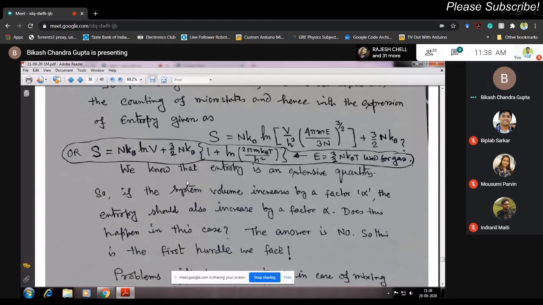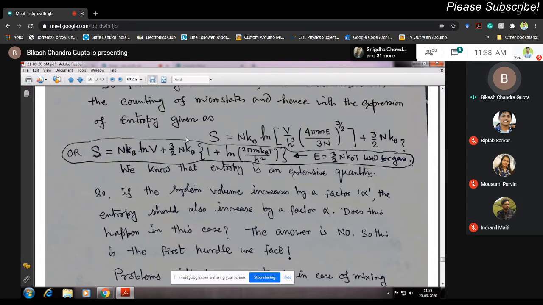Now we know that entropy is an extensive quantity. If you take a larger system, that is, if you increase the system by a factor alpha, then of course the volume will increase by a factor alpha, because density is constant, and the number of particles also will increase by a factor alpha.